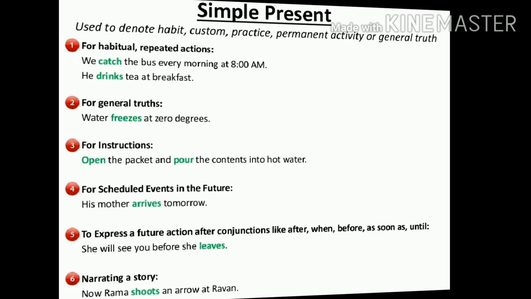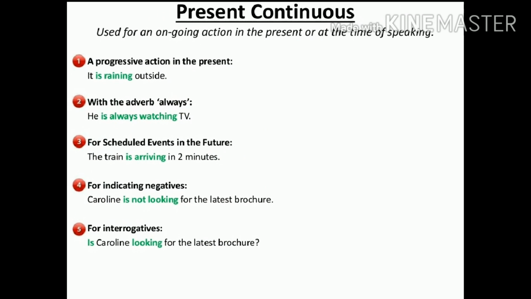Likewise, moving on to second part of present continuous tense. See, the trick is in the name itself. Present continuous tense. Continuous, we know, an ongoing action. So let's see what present continuous tense talks about. Dear children, present continuous tense is used for an ongoing action. Ongoing means continuing.